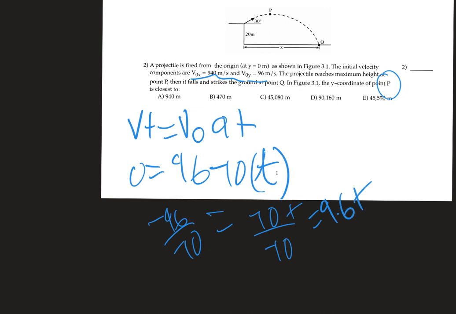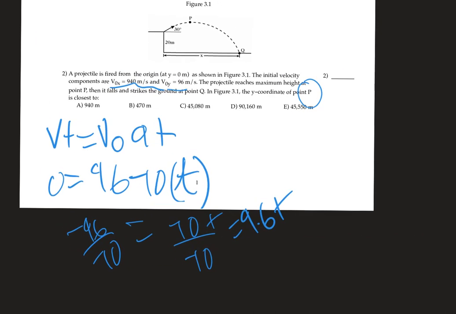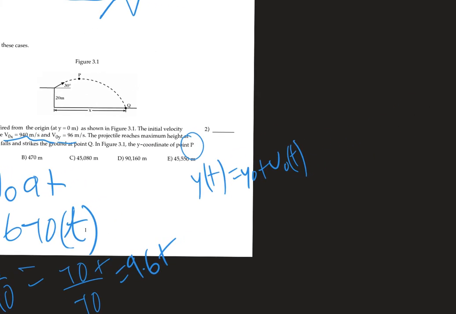And then the same thing for the y direction: y equals initial y plus initial velocity times time plus 1/2 acceleration times time squared. That is the equation we have to use eventually.